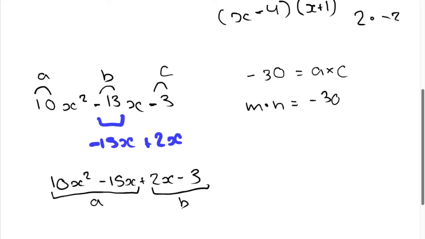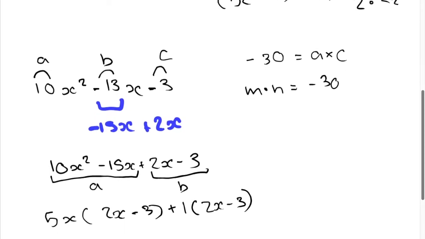If we factor part A, we get 5x times 2x minus 3. And you have to remember that if there's nothing to factor out of part B, there's always 1. So we can have plus 1 outside the bracket and 2x minus 3 inside the bracket.